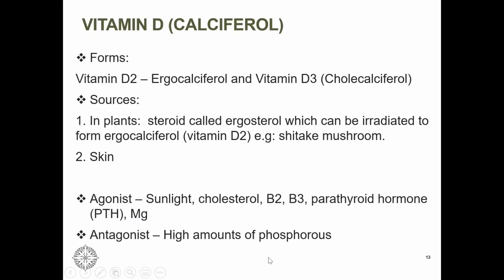Okay, let's move on. One of our favorite fat soluble vitamins nowadays, or maybe always, because it is synthesized when we go out in the sun or we are sunbathing, we are enjoying family time on the beach, and we are thinking that our body is making vitamin D. So vitamin D is a hormone, and there are two major forms.